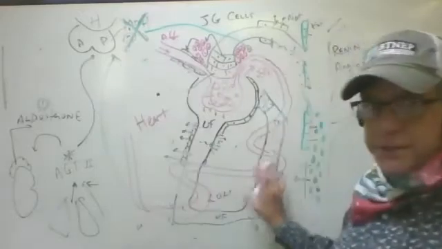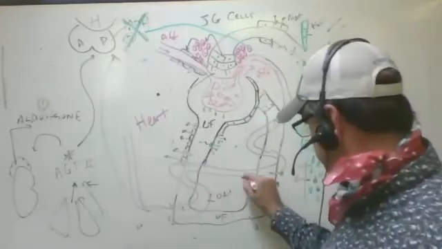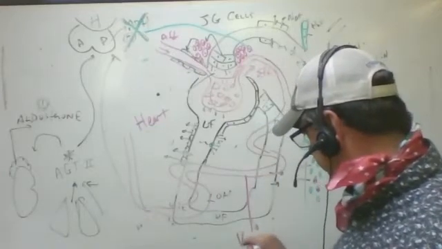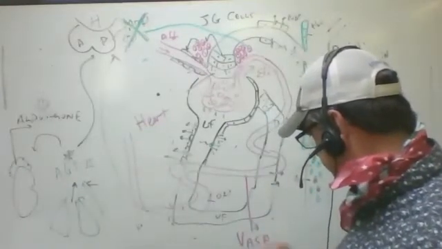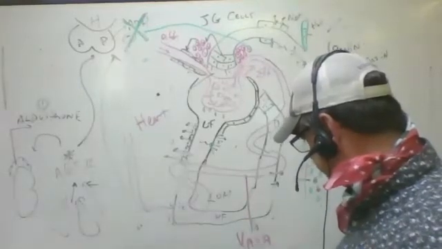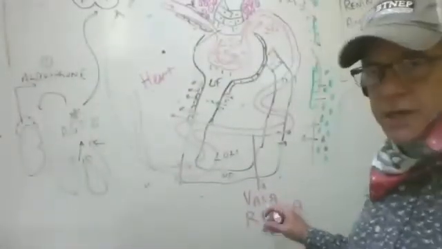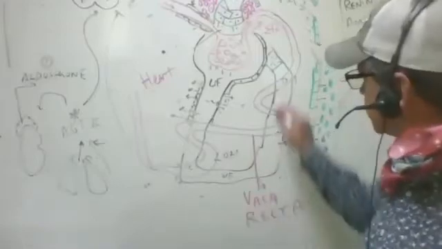So this vasculature after the efferent arteriole has a special name. It's called the vasa recta. The vasa recta. Recta kind of means like it rectifies the situation. Vasa has to do with vasculature, so that makes sense.